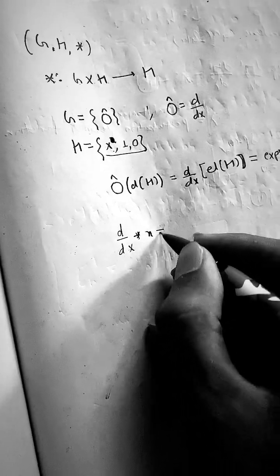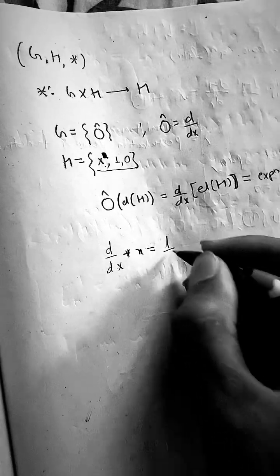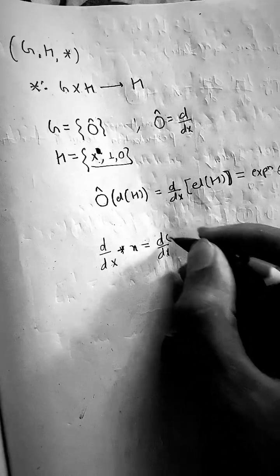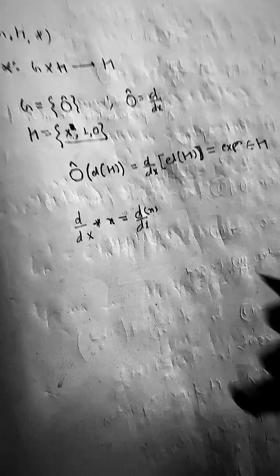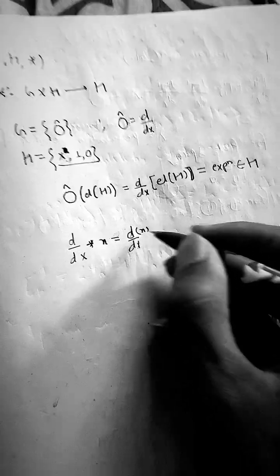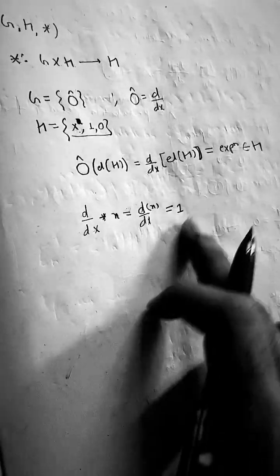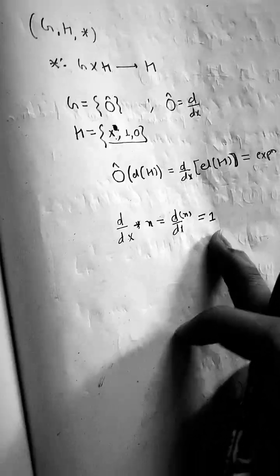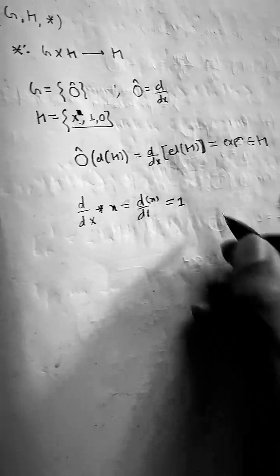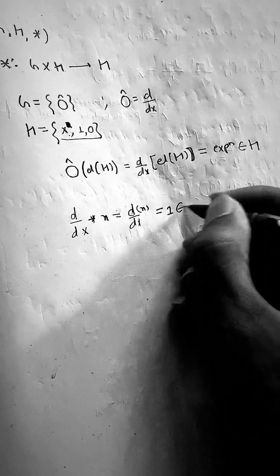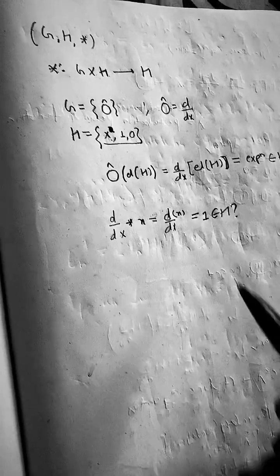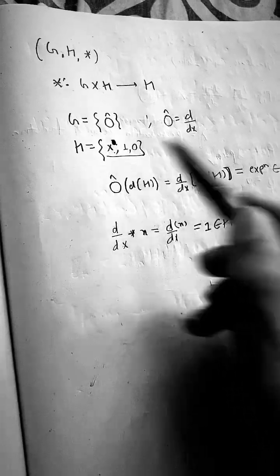We define star as composition, so the derivative operator acting on x, we define it this way: dy dx of x is 1. Now this is not important why it is 1, but it is 1. We defined it. Okay. Now we check, does 1 belong to H? Well, of course, yes.